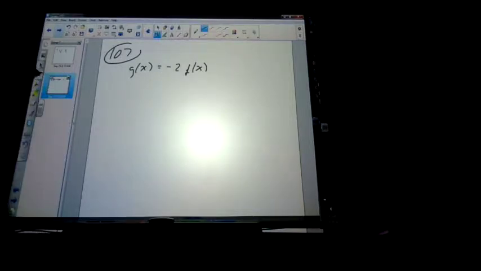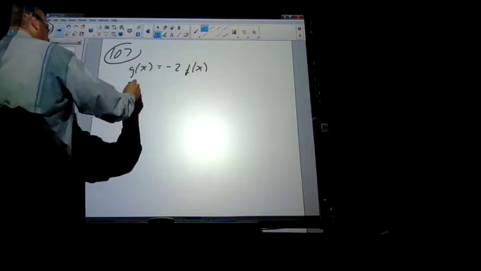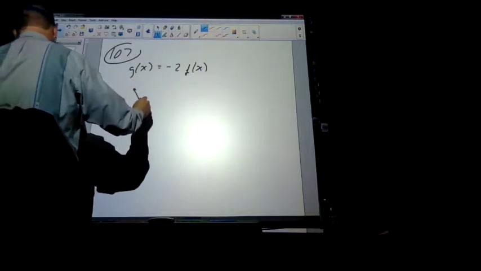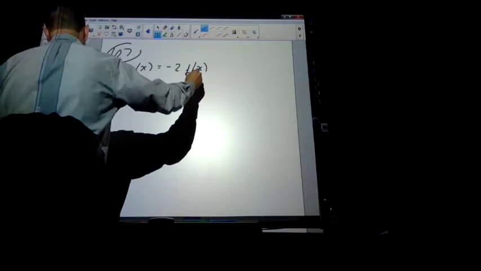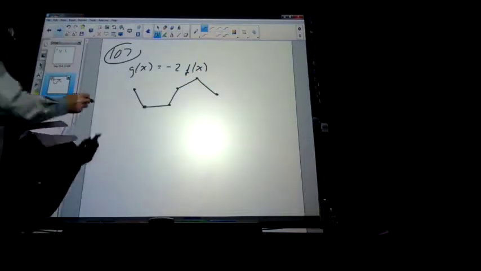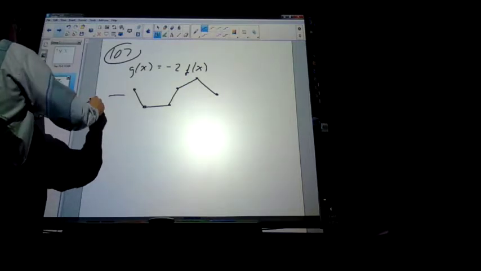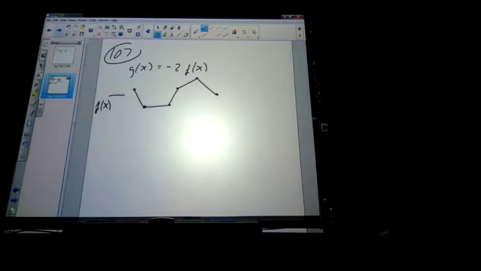Negative 2f at x. So they give you this equation, that's basically the equation they tell you, saying this equation is function at x. So they want you to modify that in order to justify what g at x is equal to.